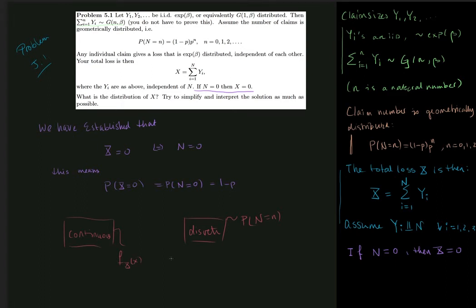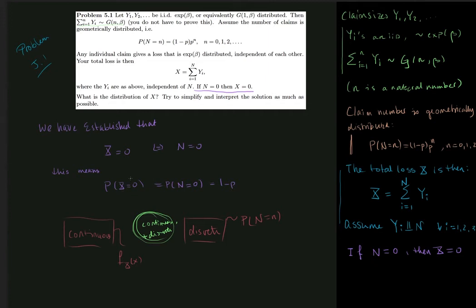However, there exist stochastic variables that are somewhere around the middle here. There exist stochastic variables that are both continuous for certain values of outcomes, for certain intervals, and discrete for certain other values. And this is the case for x in this exercise.